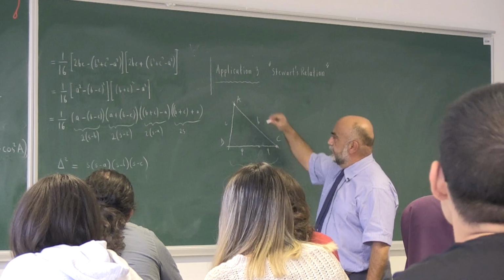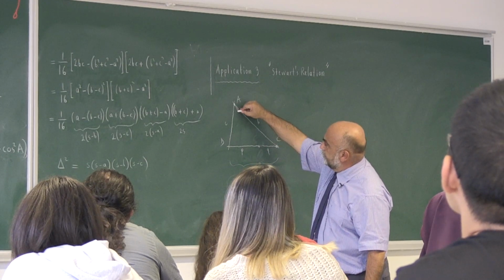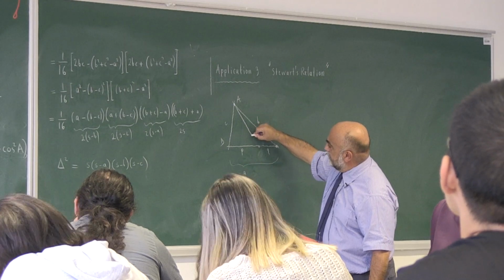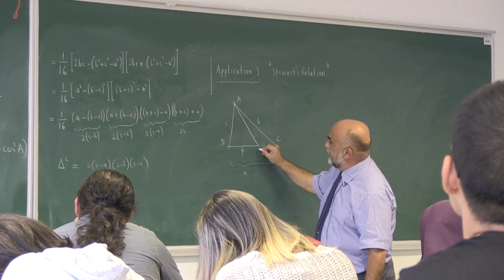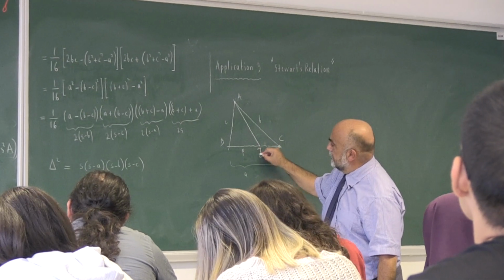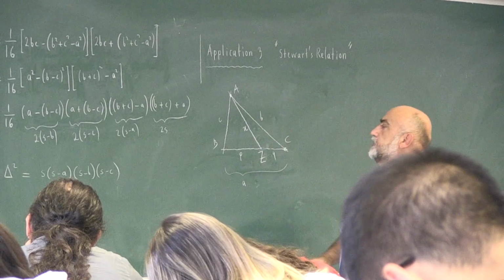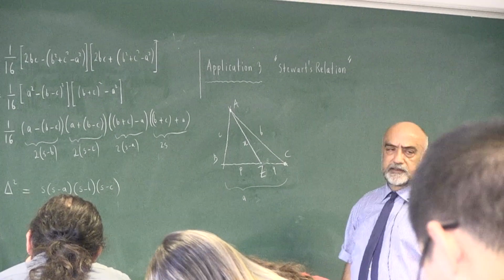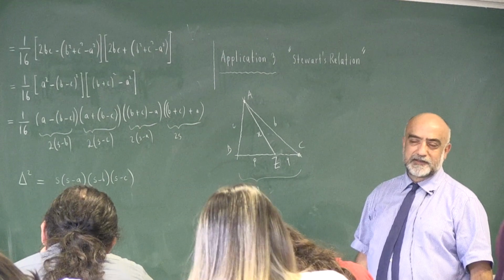Now, here is the thing. You are also given the length of the line segment AZ, and let it be x. I'm writing it in a handwritten style to indicate that it is lowercase x.